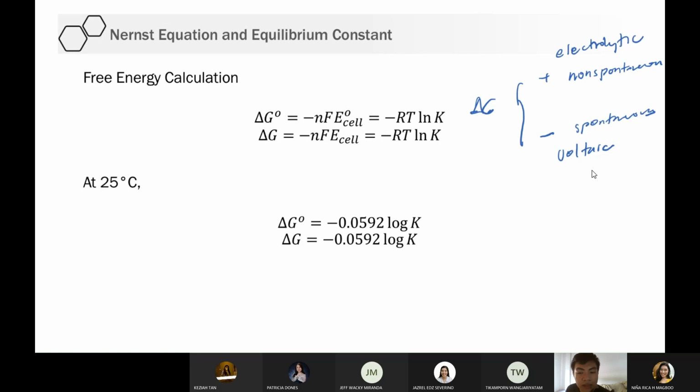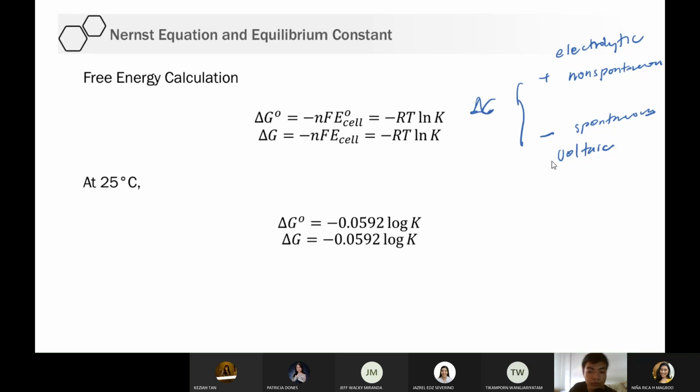But for voltaic cell, the production of energy is instant, okay? For example, in our batteries, the draining of our batteries is a spontaneous process. It produces electricity. So our batteries will be consumed over time because the delta G is negative.